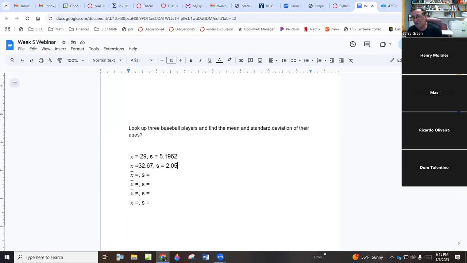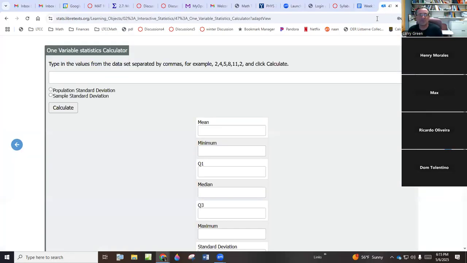Don't forget to put commas in between the numbers. Let's see, we have 32 points. We got that one. It's not working. Should be working on the calculator. If you go to the one variable stats calculator, you're just putting in 3 numbers separated by commas and clicking on sample standard deviation and click calculate.